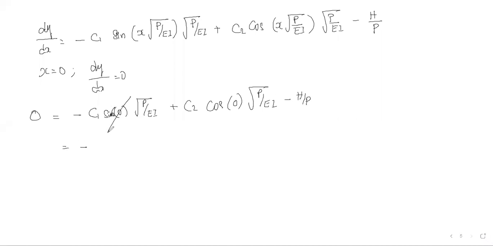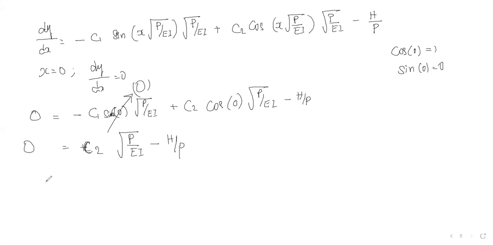So the first term becomes 0 because of sin 0. The remaining thing is C2 into cos 0, and we know that cos 0 is equal to 1 and sin 0 is equal to 0. So C2 into root under p by EI minus h by p is equal to 0.